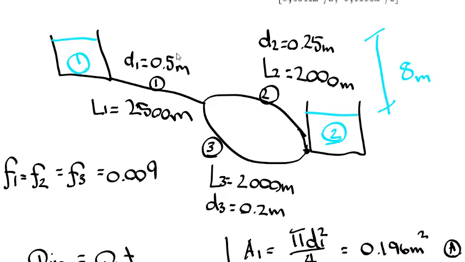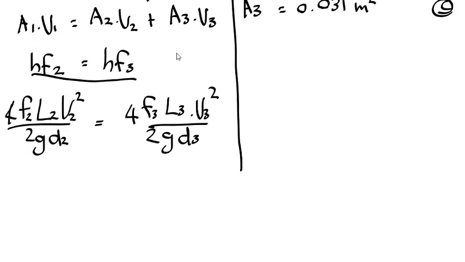So the first one being where we say the head loss due to friction in pipe 2 is equal to the head loss due to friction in pipe 3. This is what we already have down here.